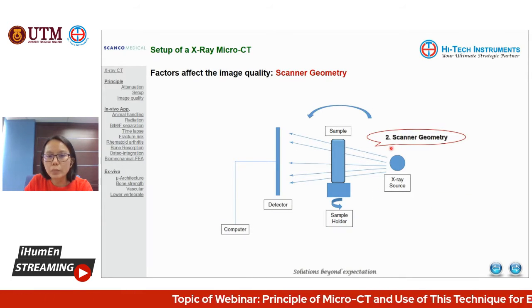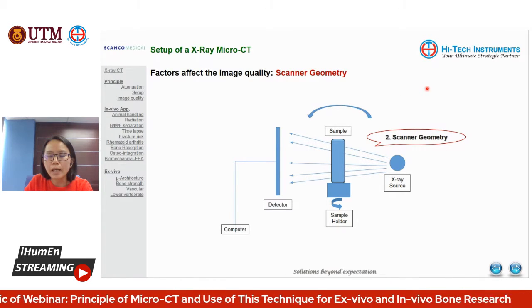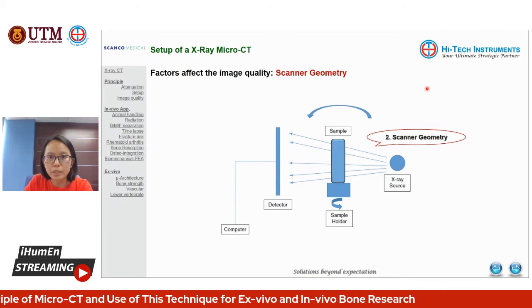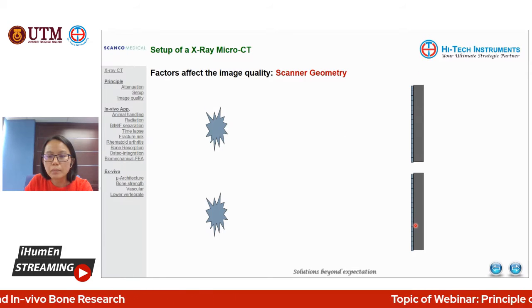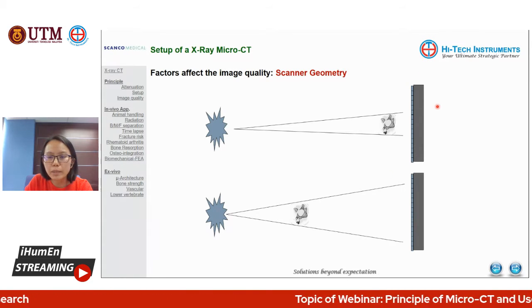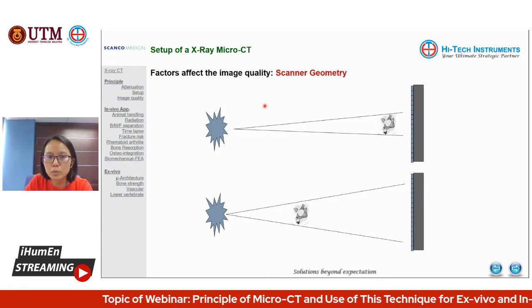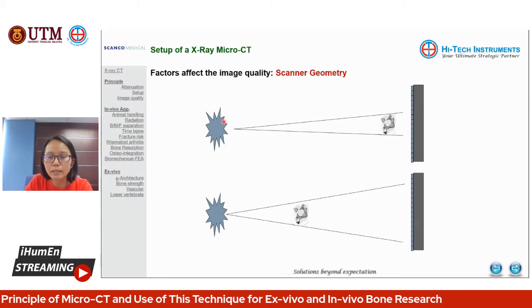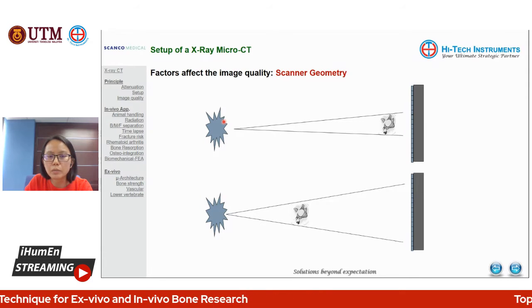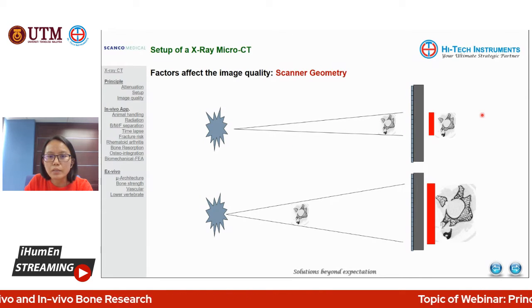Okay. So next will be the scanner geometry, another factor, which implies the geometrical magnification. As you can see, this will be the X-ray spot here, and this will be the detector. Based on the geometrical magnification, if you place the smaller object closer to the X-ray spot, you will get a higher magnification, and in return a higher resolution, as you can see here.